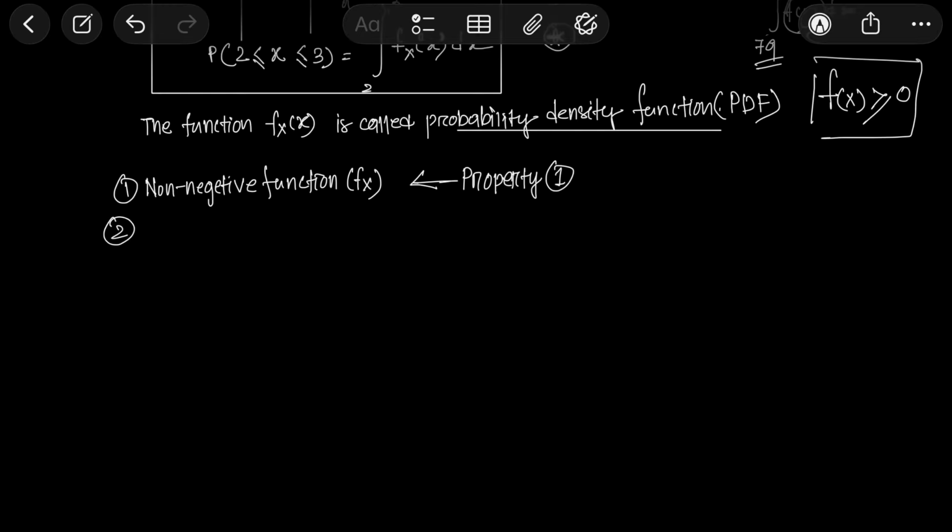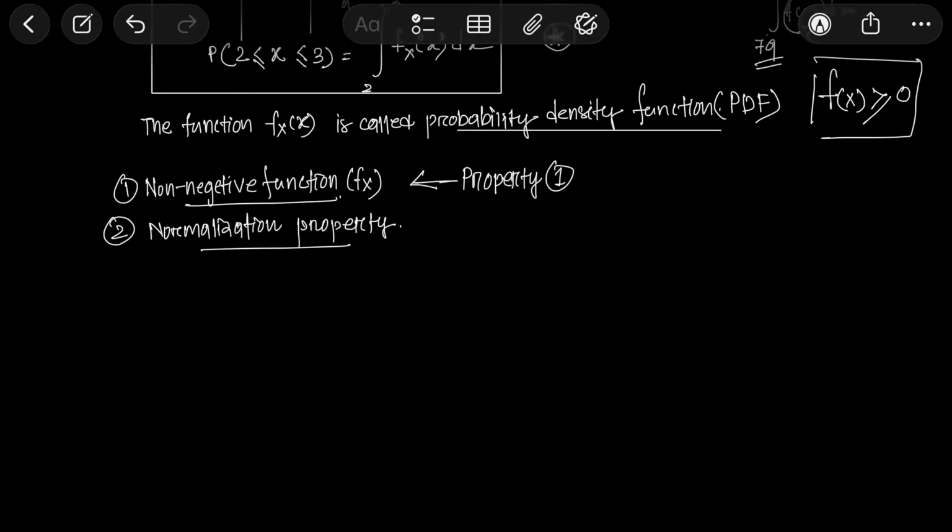The second property is the normalization property. Okay, so what are they?